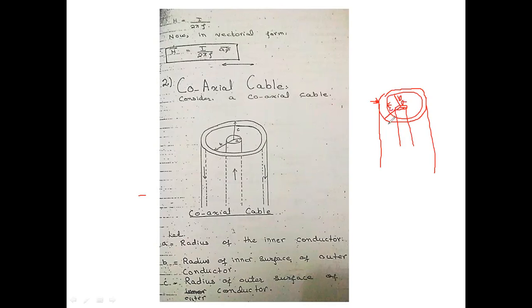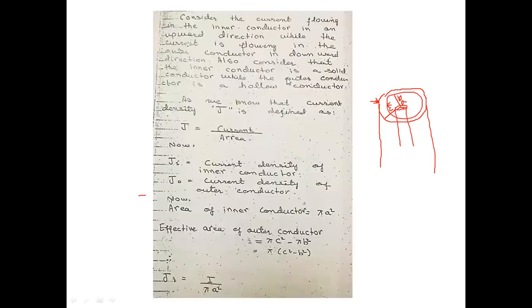Now we have to consider a point of observation at different points. But before this, we will first look at the current density. Current density is actually the current flowing through a unit area.